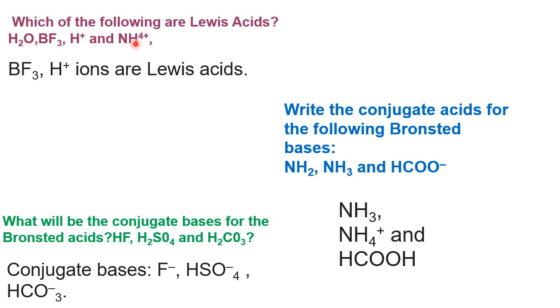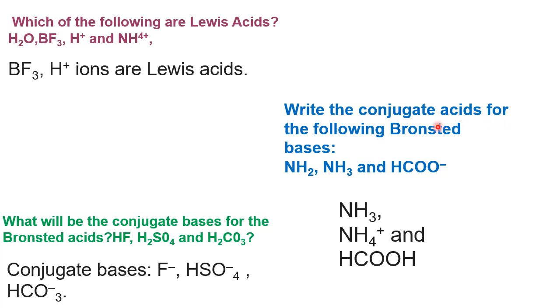So excluding NH4 plus and H2O, BF3 and H plus are the electron acceptors. Therefore, they are called Lewis acids.